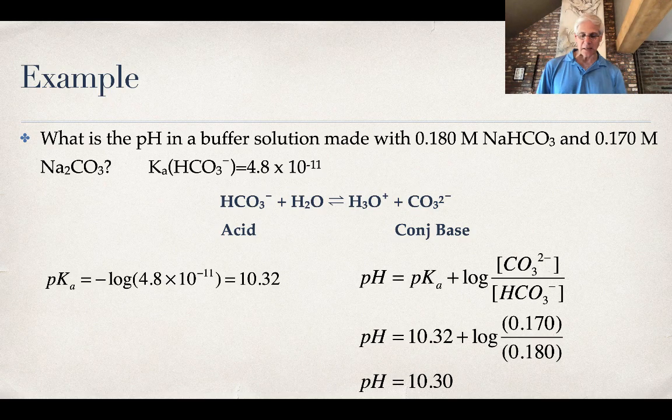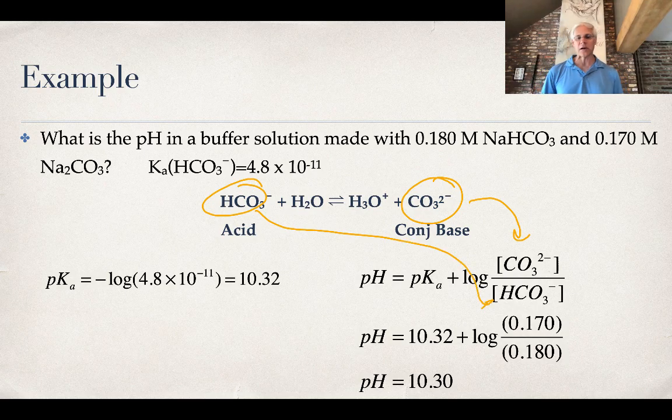And now we can set up our overall equation. So we've got pH is equal to pKa plus the log, and it's going to be products over reactants. Okay, so we have the carbonate ion over the bicarbonate ion. Our carbonate ion concentration was 0.17. Our bicarbonate ion was 0.18.